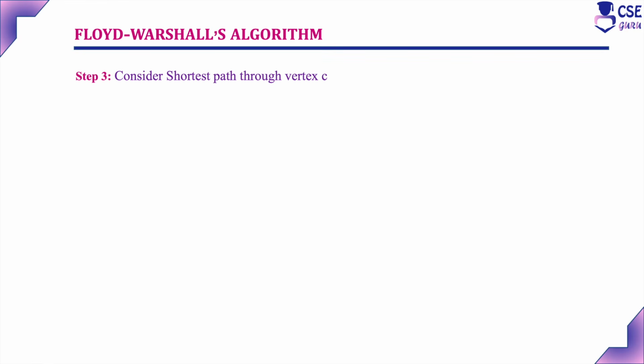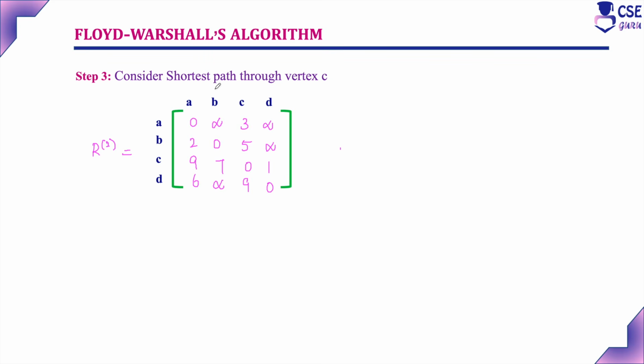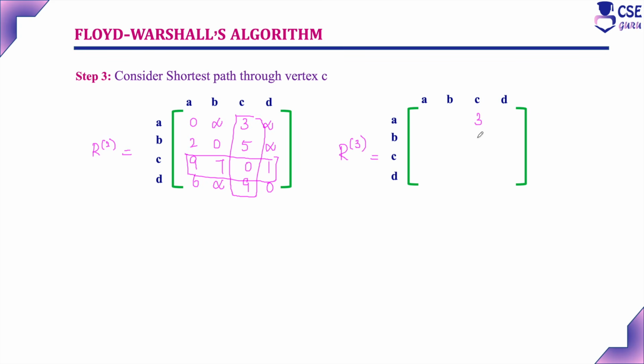Next, step 3. Consider the shortest path through vertex C. Since we are considering the shortest path through vertex C, we should not disturb the C row and C column values. We need to keep them as they are. And the new matrix we are going to find is R of 3. Here the C row and C column values we write as they are, and the diagonal values we should not disturb. In the remaining positions, we need to find the shortest path.